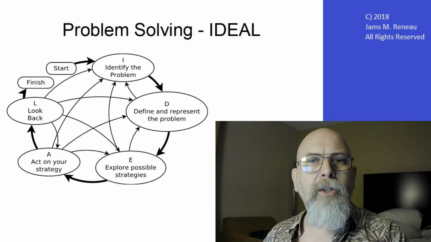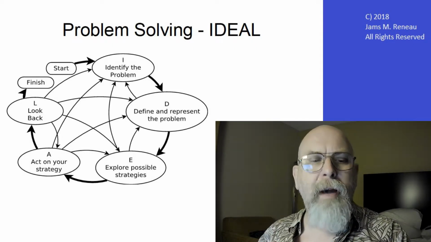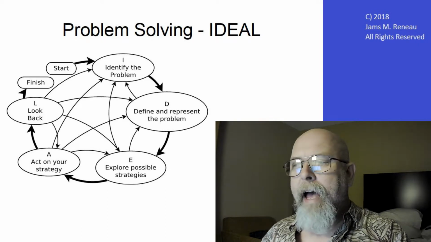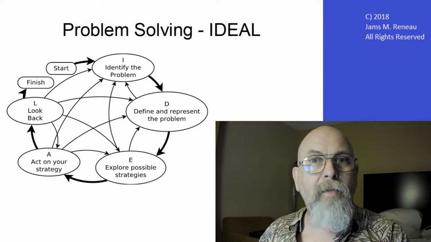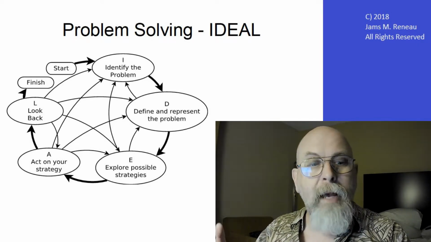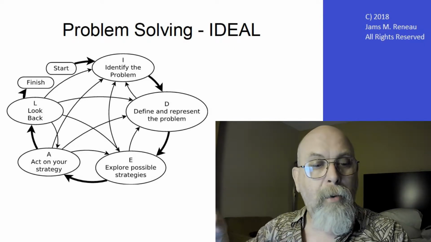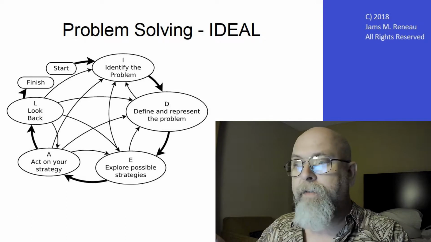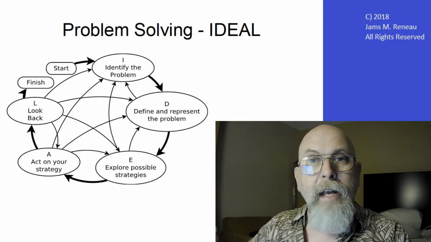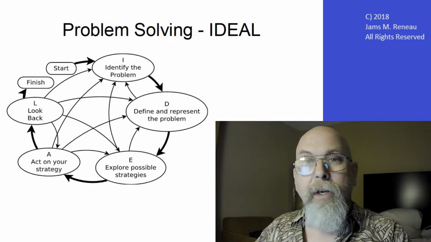This diagram shows how I like to think about the ideal method. I don't think about it as a waterfall method where we go step, step, step, step, but more of a circular kind of thing where we move from identify to define to explore.